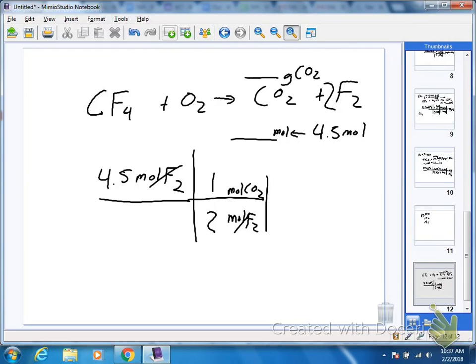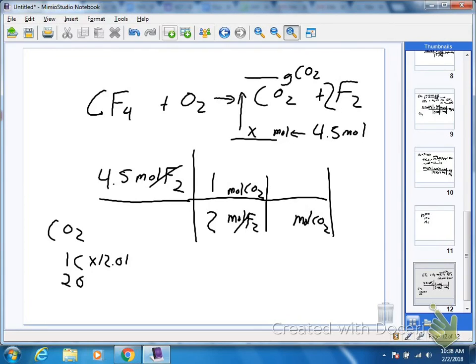At this point, I'm right here. What I need to do is go up to grams of CO2. So down here, I'll put moles of CO2, and up here, I make my ratio grams to 1 mole. So carbon dioxide, CO2, got 1 carbon, 2 oxygens.